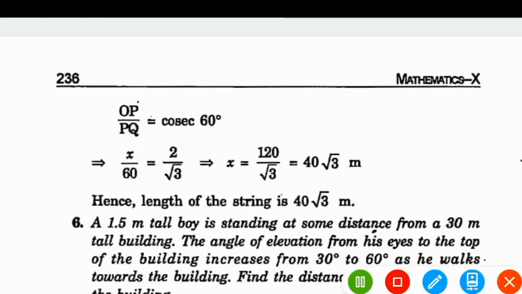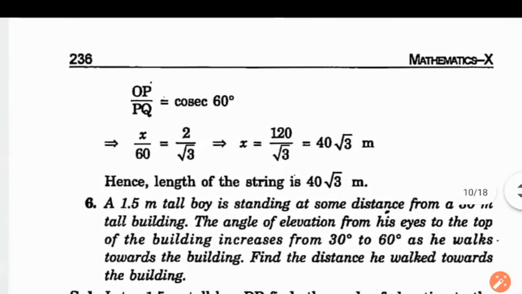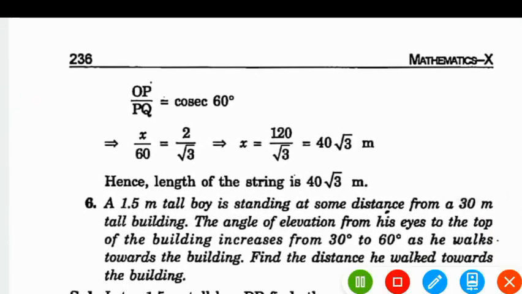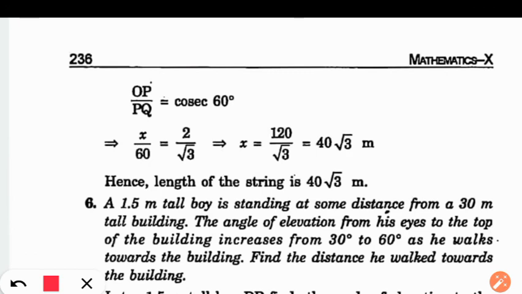So with the help of this information, we have x by 60, and sine 60 degree is root 3 by 2, cosec 60 degree is 2 by root 3, and by cross multiplication we have 120 by root 3, and after rationalization we have 40 root 3.